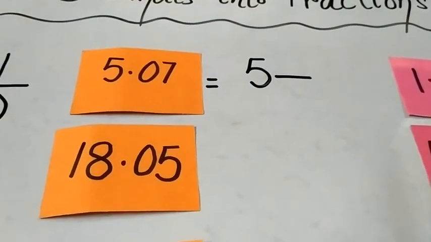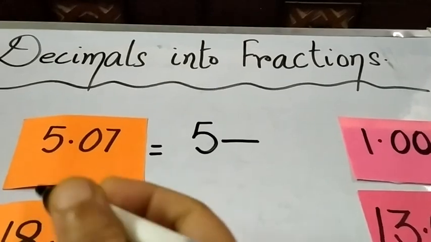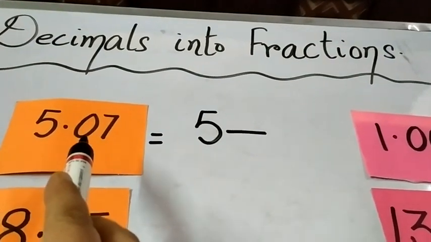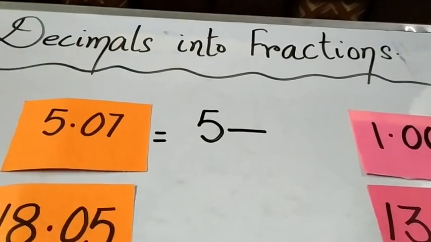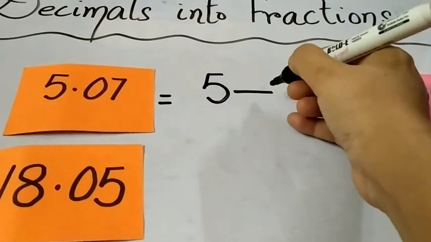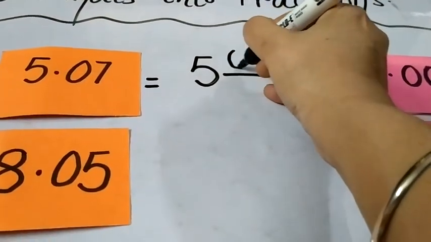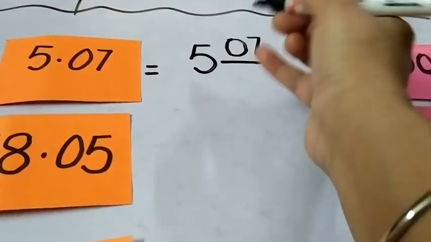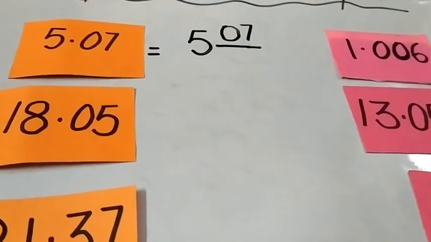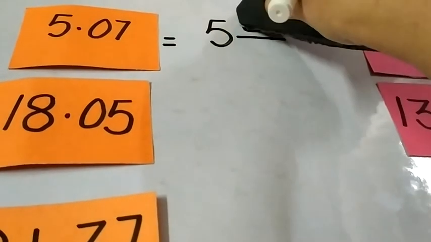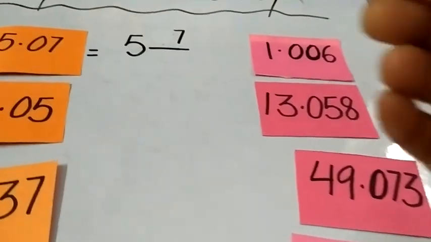So the numbers after the decimal are 0 and 7. So we have to write them as numerator. But 0, 7, there is no need to, if I write it like this. So 0 in the beginning has no meaning. So there is no need to write 0 if there is 0 after the decimal. We will just write the number.